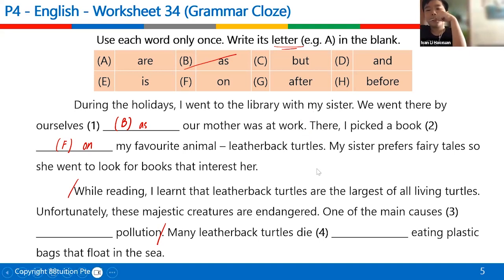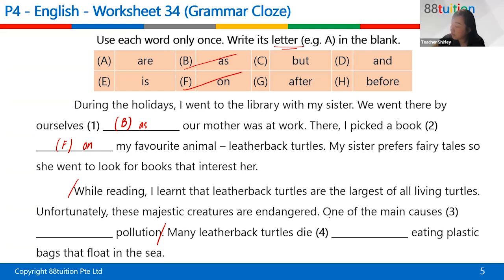While reading, I learned that leatherback turtles are the largest of all living turtles. Unfortunately, these majestic creatures are in danger. One of the main causes are pollution.